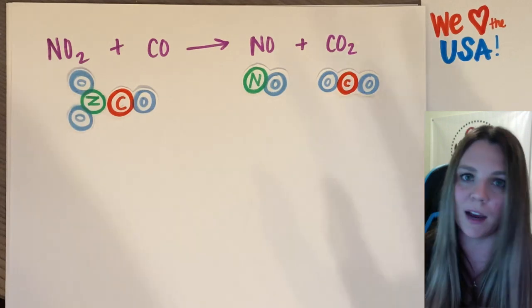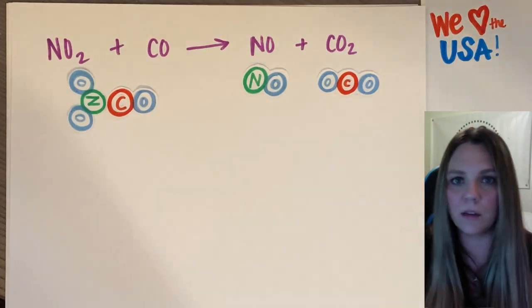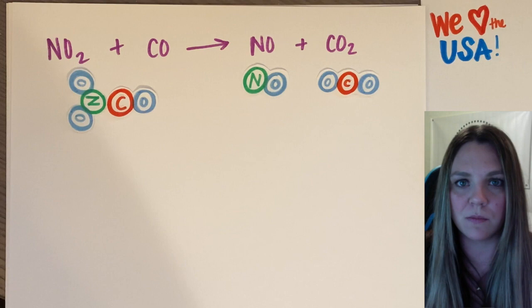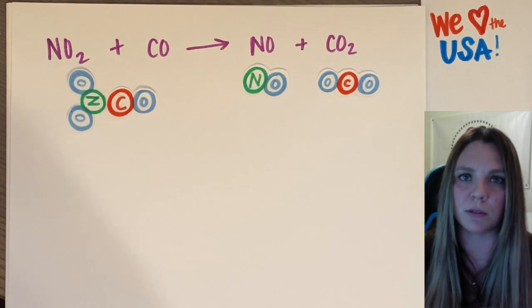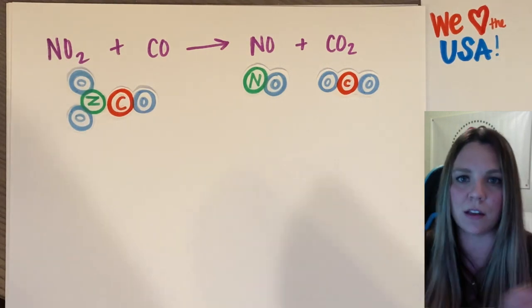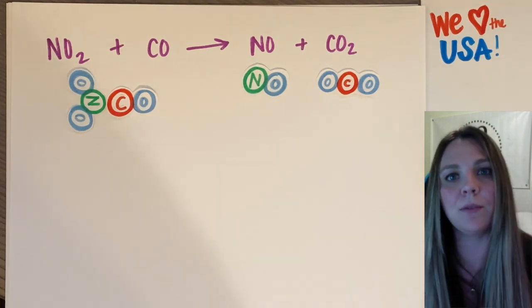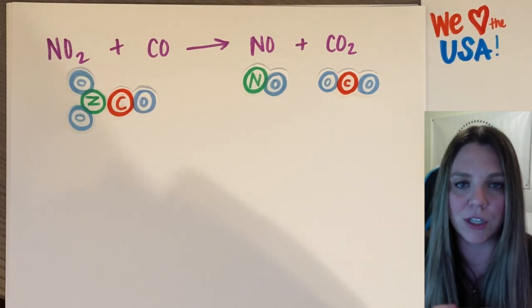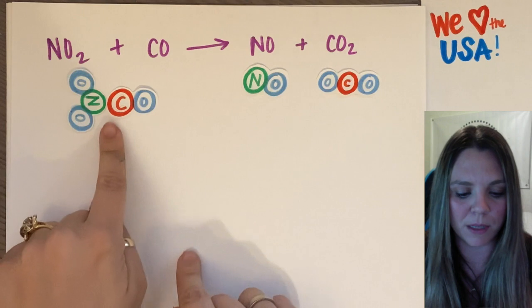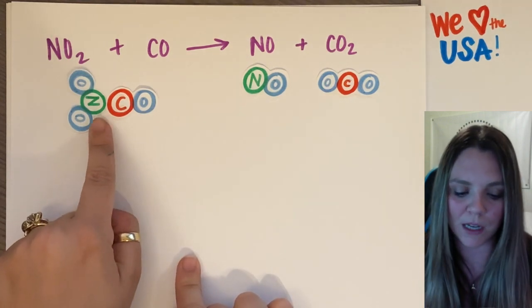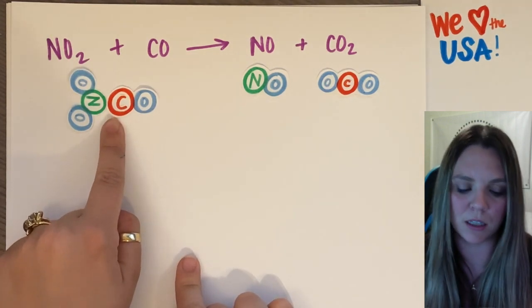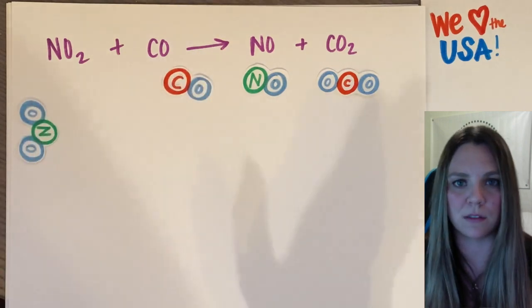Even if I have these two molecules randomly out in the space, and they find each other, boom, they collide, and they collide with enough energy to overtake the activation energy, it still doesn't matter because they're not oriented properly. The nitrogen and the carbon are not going to connect. So they just go away, nothing happens.